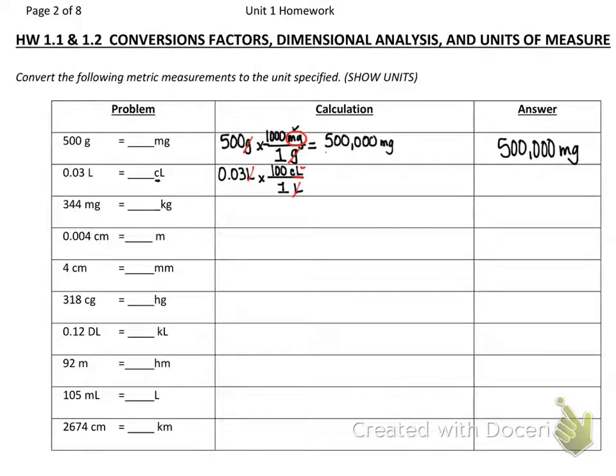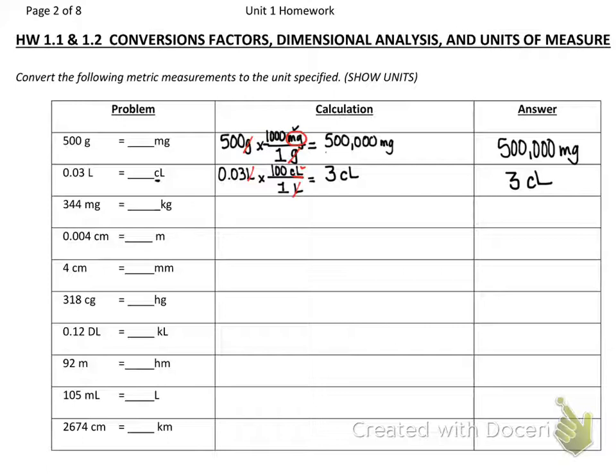Okay, so now I can write my equal sign, and I take 0.03 times 100 because I'm going to be multiplying directly across because it's multiplication, and I end up with 3 centiliters. Okay, so my answer would be 3 centiliters.